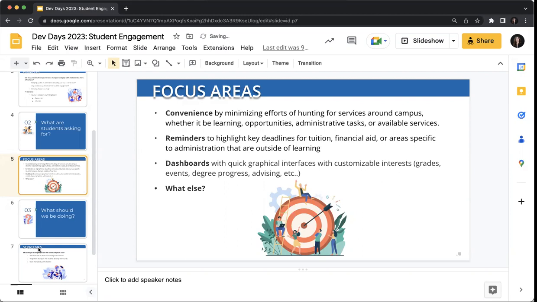So they don't miss registering. Let's say they don't pay the tuition, and that will impact their class registration. How do we send an effective notification saying, hey, here's a red alert for you: if you don't pay your bill by the end of tonight, you don't get to register for your class?